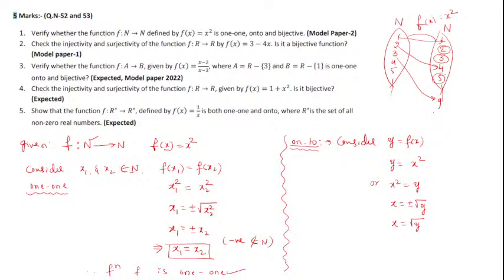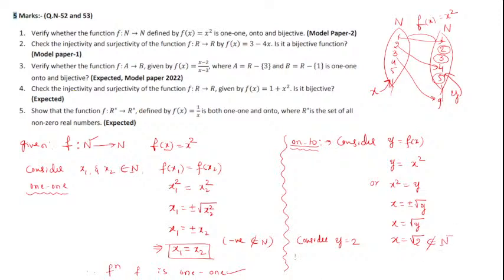So how to write in the exam? See, consider all your x elements belong to the domain part, and y belongs to the codomain part. Consider any one natural number y. Let us take y equal to 2, right? So here x equal to root 2, which does not belong to the set of natural numbers.